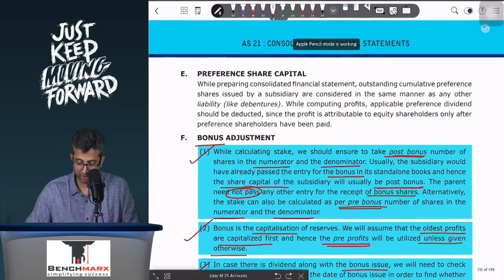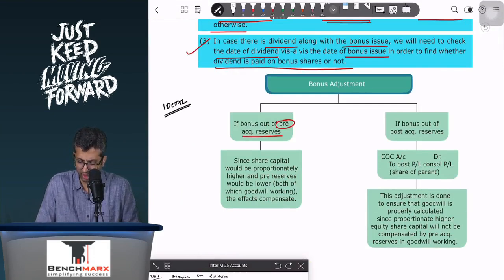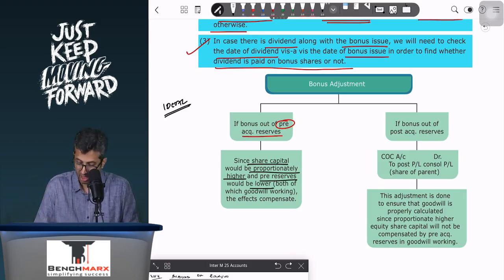Ideally, over here we can say if bonus is out of pre-acquisition profits, since share capital would be proportionately higher, that is, instead of 3000, 4800, and pre-acquisition reserves would be proportionately lower, instead of 3000, 1200, both of which will impact the goodwill workings, the effects will compensate. So there is no further effect needed.